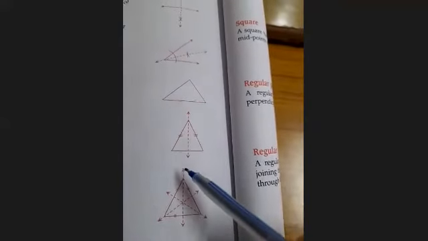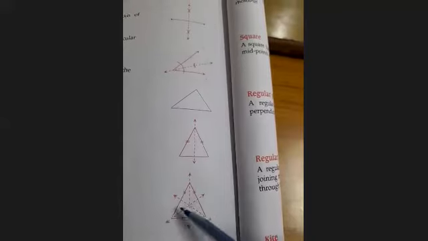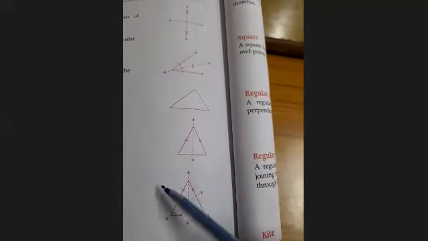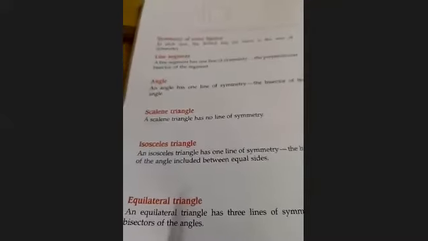The first line of symmetry is this one. Second is this, and third. An equilateral triangle has three lines of symmetry. So students, in an equilateral triangle, we have three lines of symmetry.